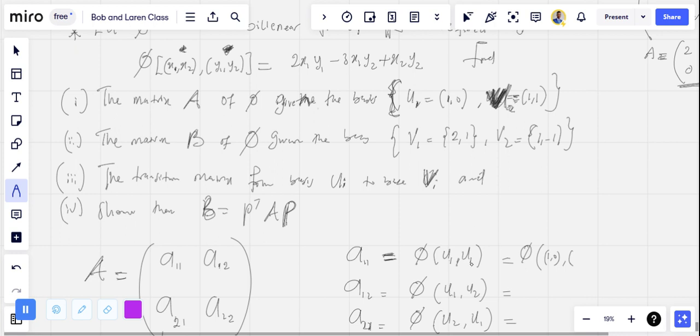And u1 again is still 1 comma 0. So what is this going to give us? It means my x1 is 1, my x2 is 0, my y1 is 1, my y2 is 0.